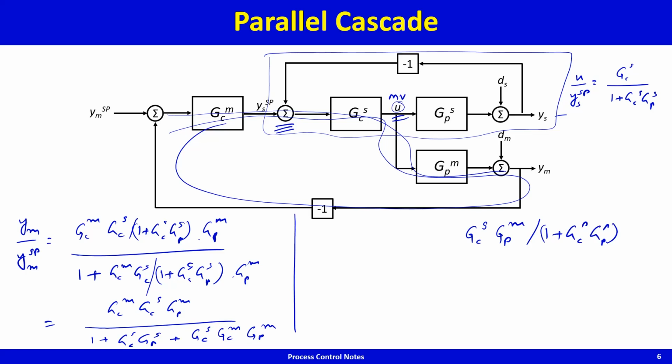That's the change in Ym that I'll get because of disturbance if only the slave loop is on. Master loop is off. And this is the effect on Ym. Actually, this is minus GCS.